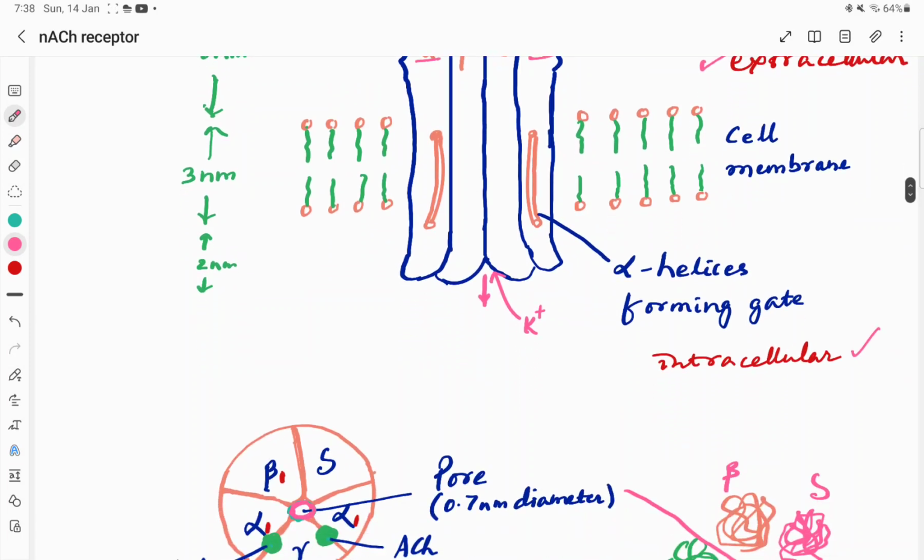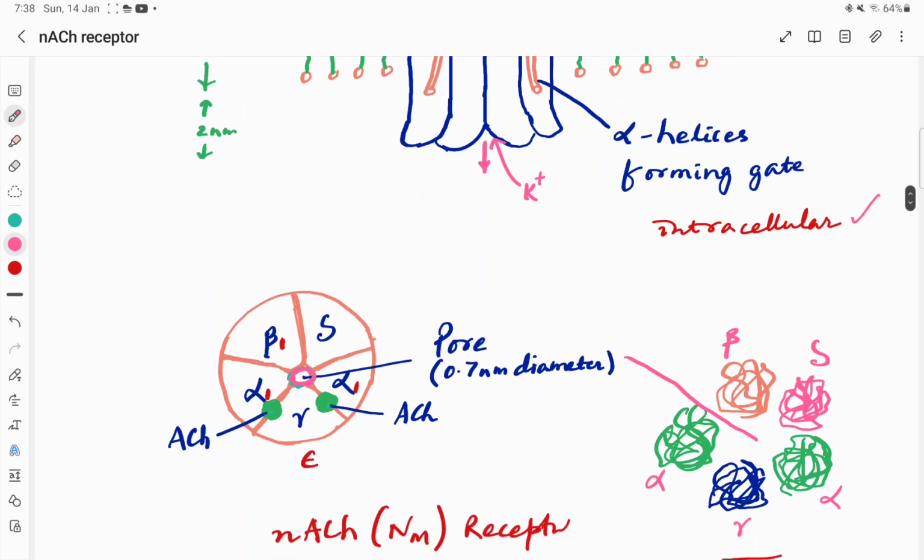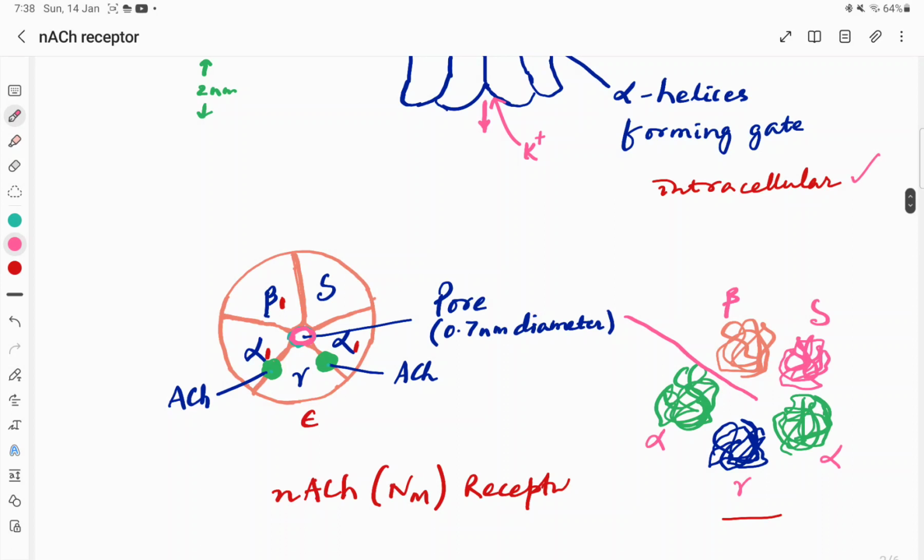And you can see in this figure the 5 subunits are alpha 1, beta 1, delta and gamma. 2 alpha 1 are there, and there are 2 binding sites. Those binding sites are at alpha 1 and its neighbor, here it is gamma. It can also be epsilon. So 2 acetylcholine molecules bind to these 2 sites.